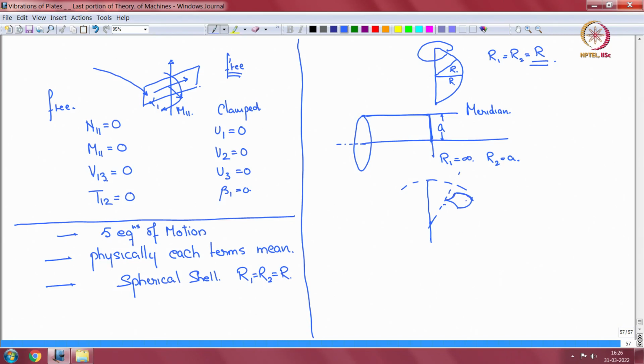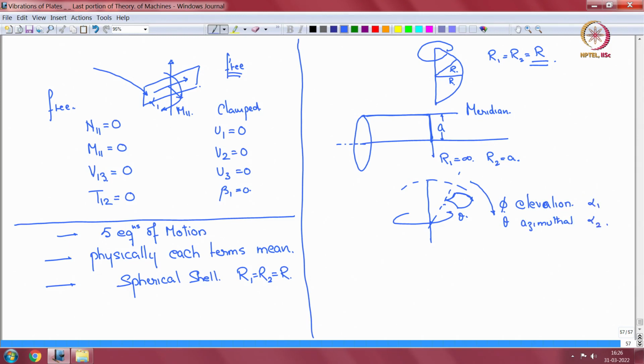The elevation angle here will be phi, whereas the azimuthal angle will be theta. Phi is the elevation angle, and theta is the azimuthal angle. This will be alpha 1, this will be alpha 2.